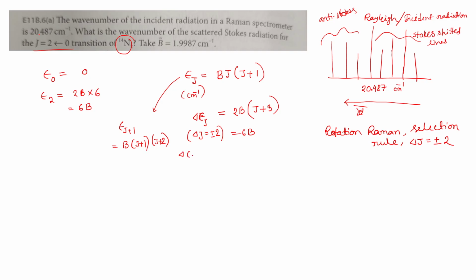So ultimately the energy gap is epsilon J plus 1 minus epsilon J. We'll take common and we'll get J plus 2 minus J, that is 2B. Am I doing it correctly?